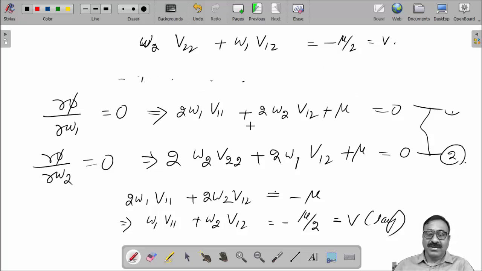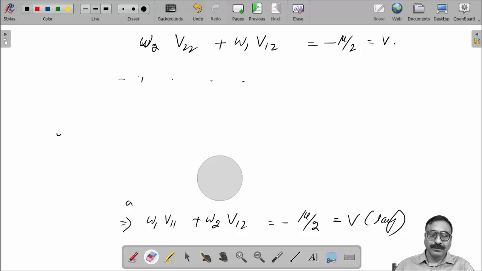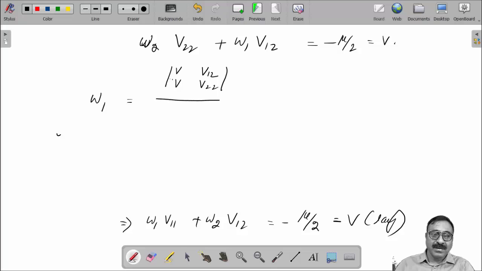So solving these two equations, we get W1 equal to V12 by V22, divided by the determinant of V11, V12, V21, V22.